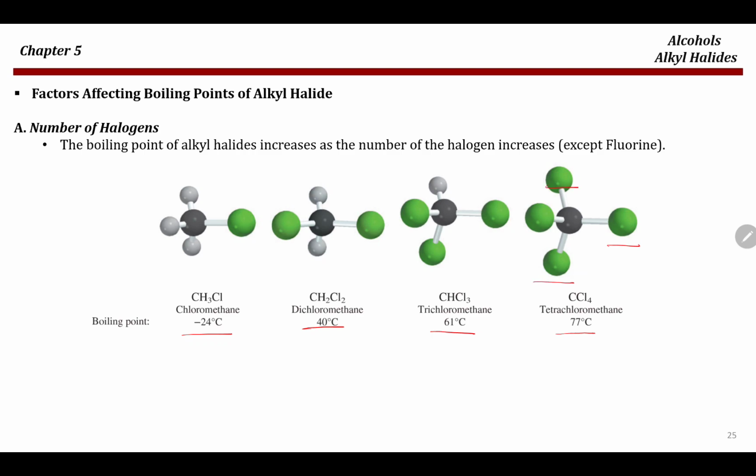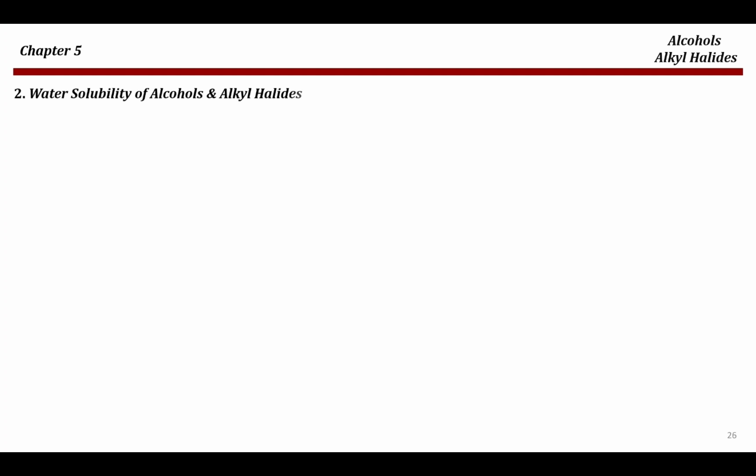So increasing the number of halogens will increase the boiling point, again for several reasons. You have more halogens, so you have more polarizable elements, and also halogens are heavier than hydrogens. So by increasing the number of halogens, you are going to heavier compounds, higher molecular weights, and that's why the boiling point increases.